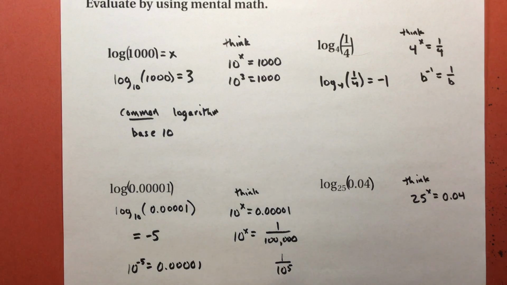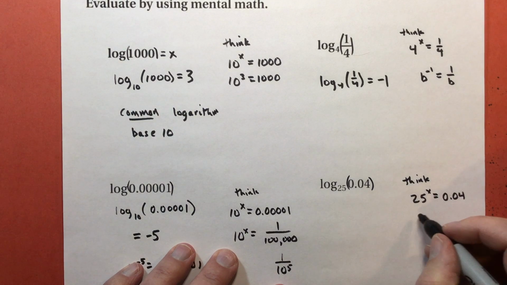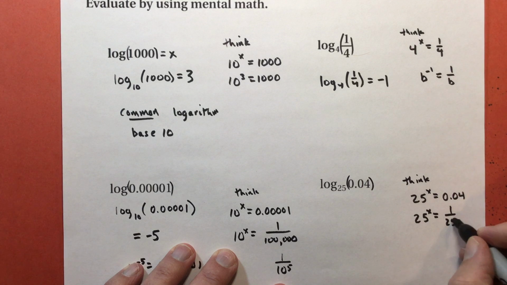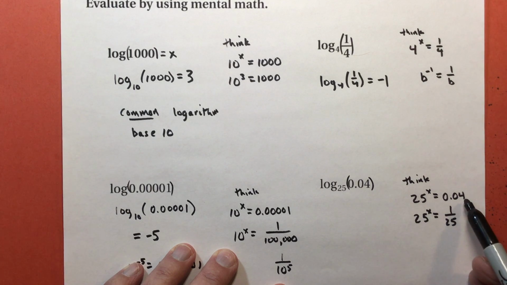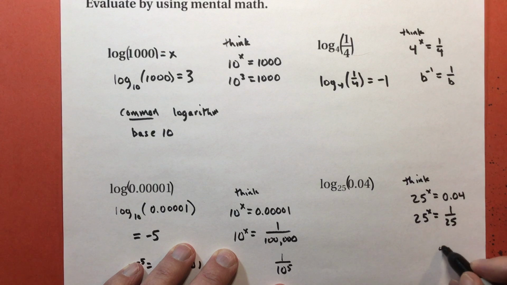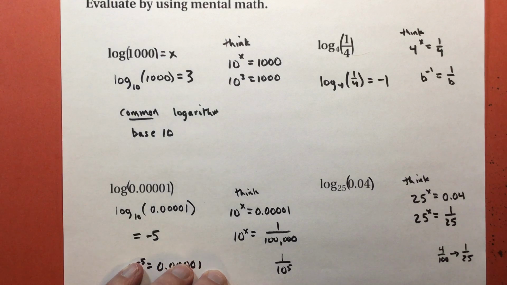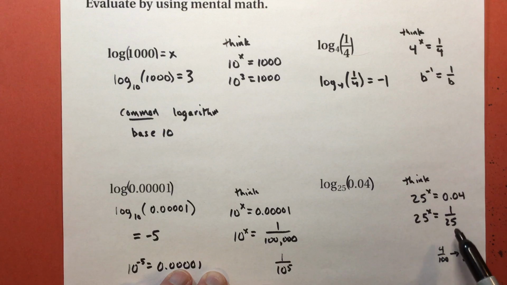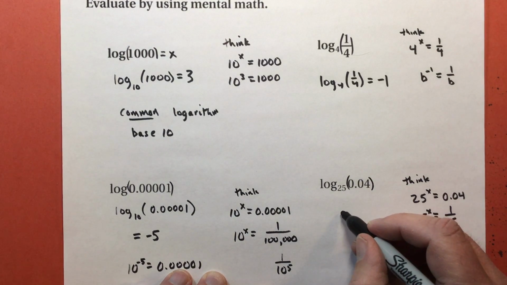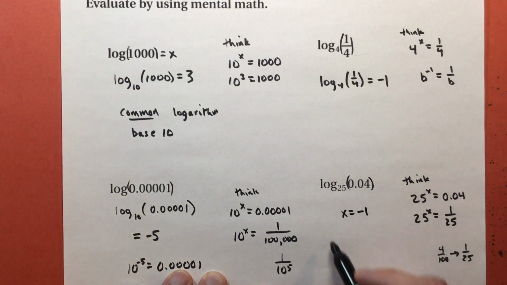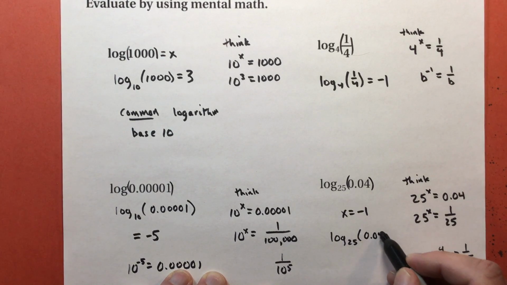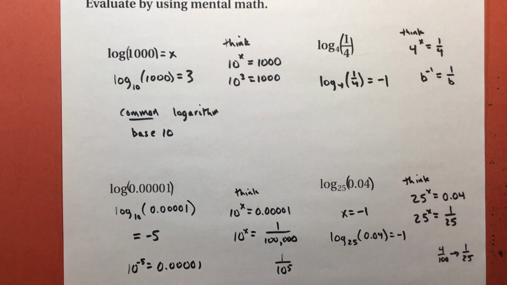And reciprocals are easy to understand if I have fractions. 25 to the x power equals 1/25. This is 4 hundredths. So again, in my head, I've got 4 over 100, which reduces to 1 over 25. So what's the exponent I'm going to use here? 25 to what power equals 1 over 25? Well, just like I talked about up here, x equals -1. So log base 25 of 0.04 equals -1.